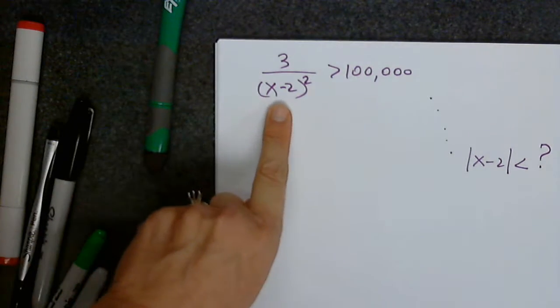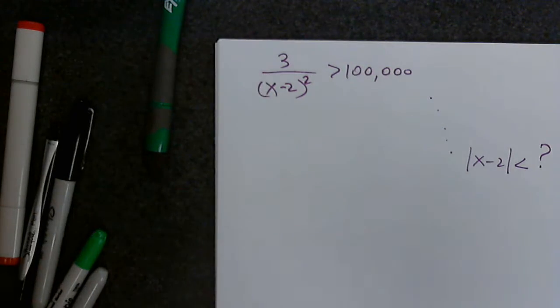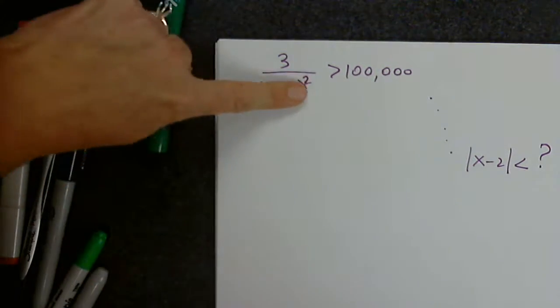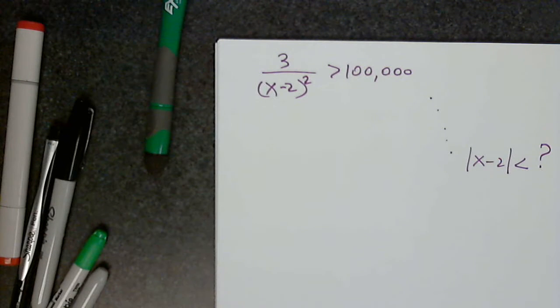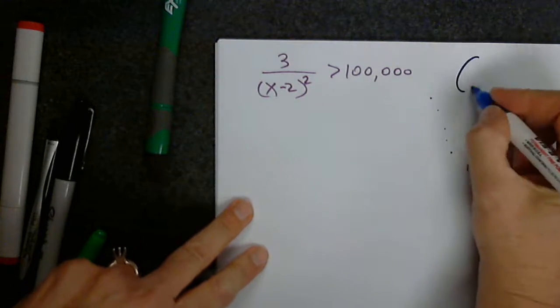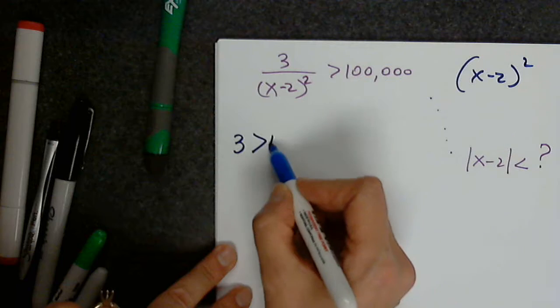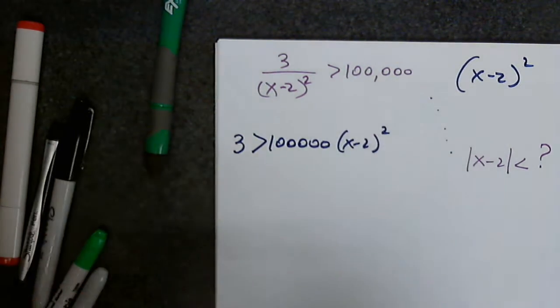Since this is always positive and it can never be 0 because x cannot be 2 as we discussed, I am allowed to do something that I normally say, no, don't do in an inequality. But since this is guaranteed to be positive and guaranteed not to be 0, what am I allowed to do now? Multiply both sides by it. Yes. So let's multiply by x minus 2 squared. So 3 greater than 100,000 times x minus 2 squared.